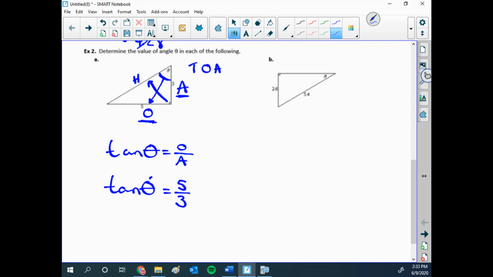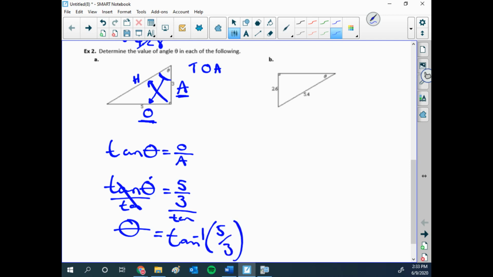If you remember how to solve for theta, technically what I'm doing here is dividing by tan. It ends up on the denominator, and so I have to take the reciprocal. So theta equals tan^-1 of 5 over 3, okay?